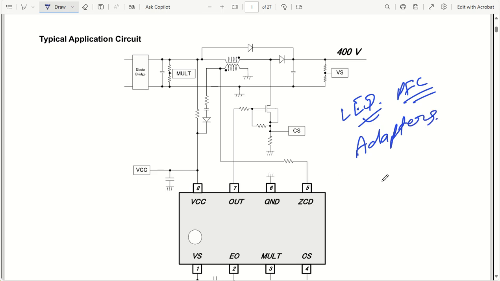Those things actually utilize power factor correction ICs. You should now be in a position to extend the same concept I have made you understand, like how to read the data sheet and what important parameters we need to take into account. Those things we can always utilize for any power factor correction IC that you want to use in your particular projects.